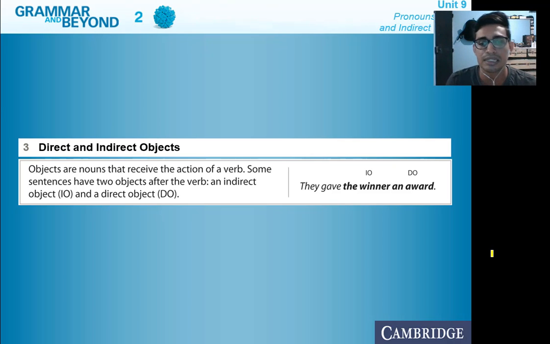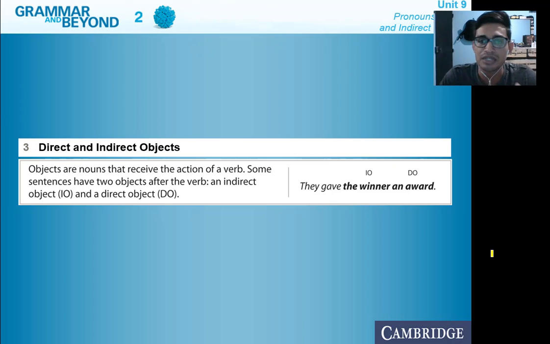Let's try it in this sentence. We say, they gave what? They gave what? An award. That's the answer. They gave an award. To find the direct object, we ask the question, what, right? Now, they gave what again? An award.